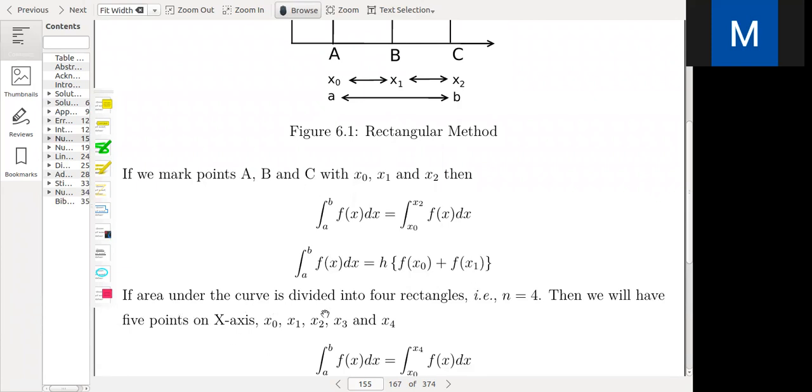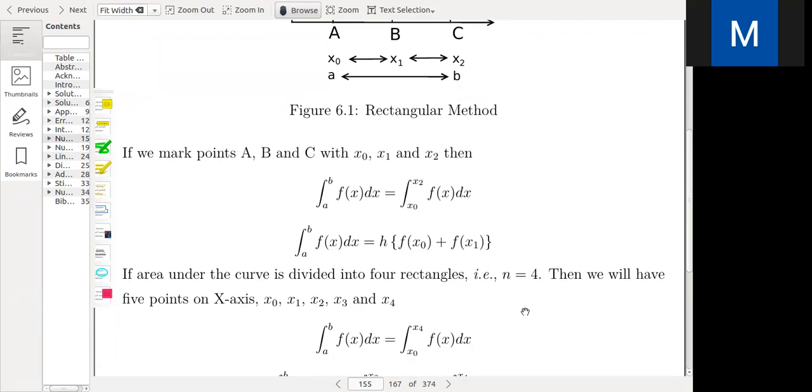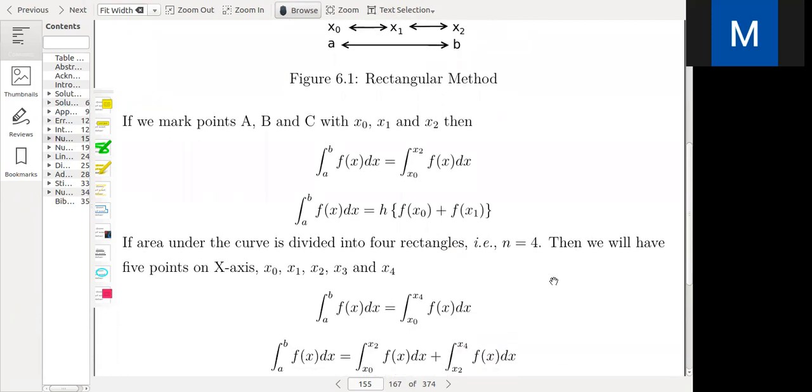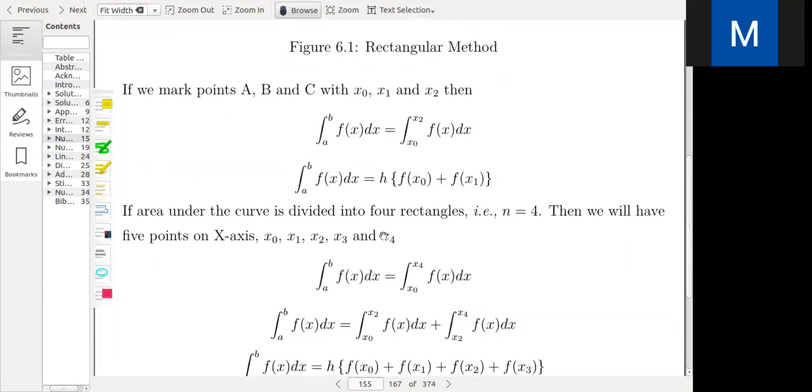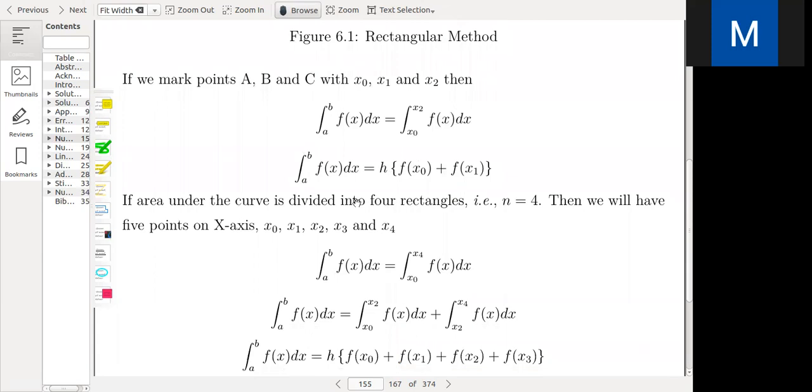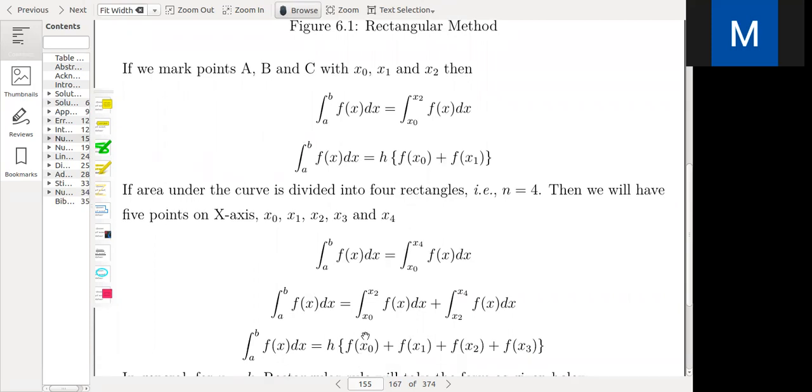If the area under the curve is divided into four rectangles, that is for n equal to 4, we just have to write this formula two times. So for four rectangles, we can write the integral from x0 to x2 of f of x dx plus the integral from x2 to x4 of f of x dx.